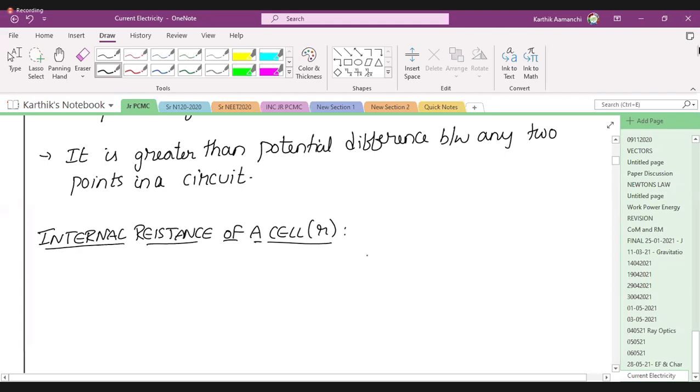So see, this is the positive terminal, and let me say this is the negative terminal.